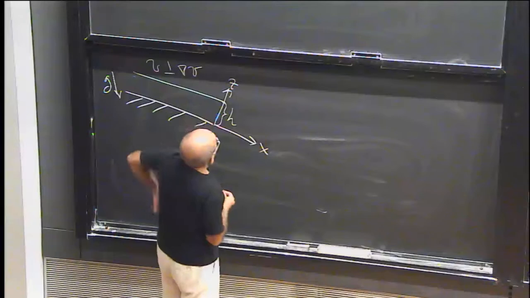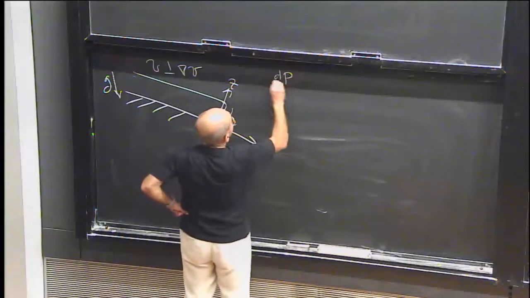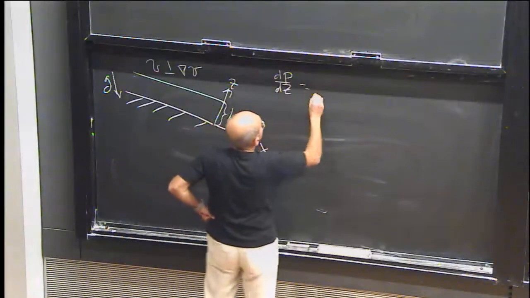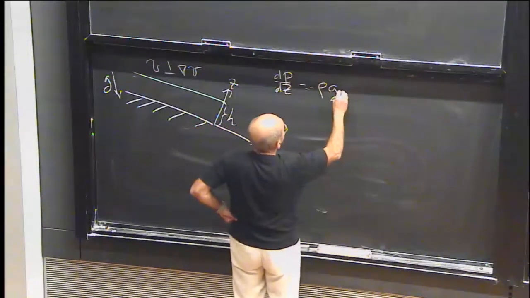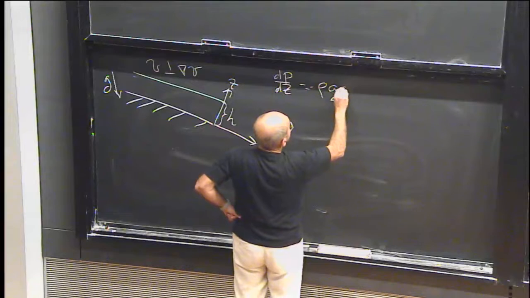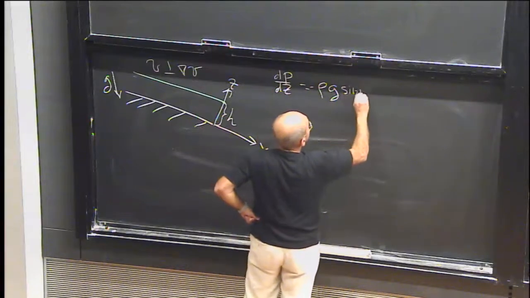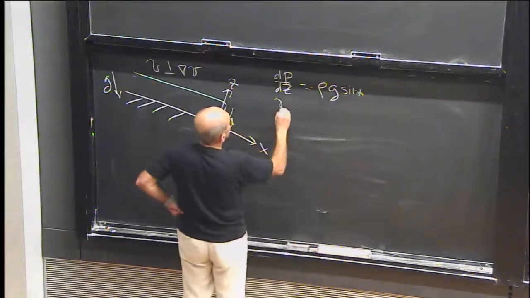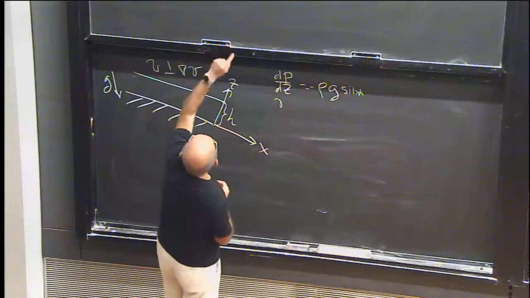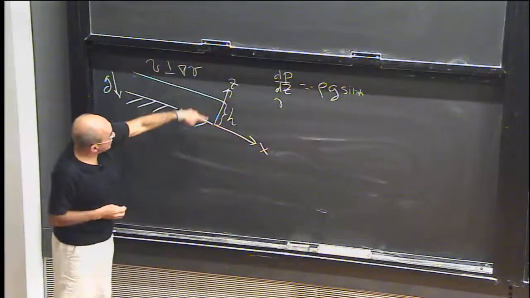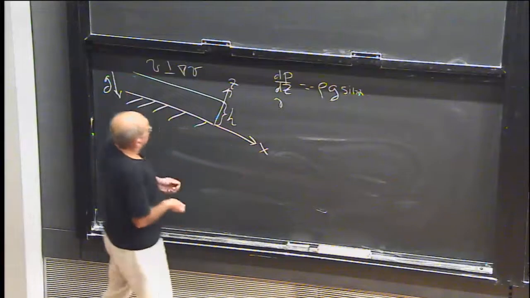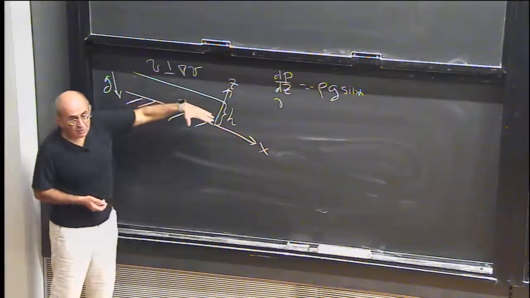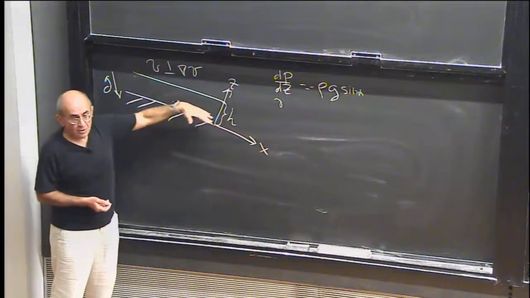First of all, we have dp dz equal to rho g sine alpha, and this would be the z projection, and that would be the x projection, and we assume that pressure does not change along this. This is a uniform thing.